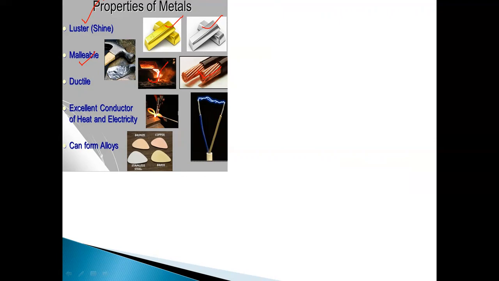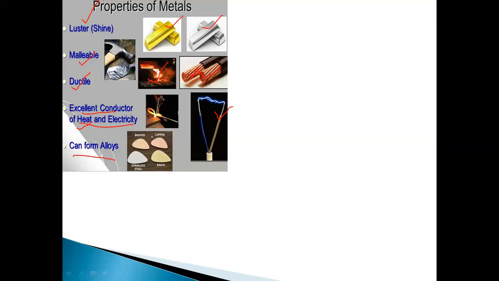They can be made into liquid form, and then we can change them into different shapes and forms, and make wires from them also. That is called ductile, because ductile means they can change into wires. They are excellent conductors of heat and electricity. That's why we use them in our home for cooking purposes, and they can conduct electricity. So we use copper and aluminium wires in our wiring at home.